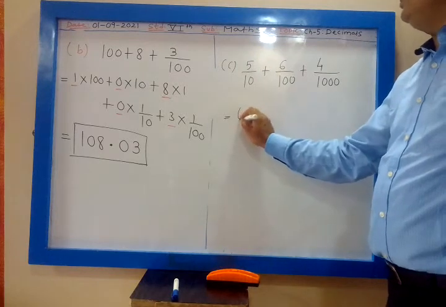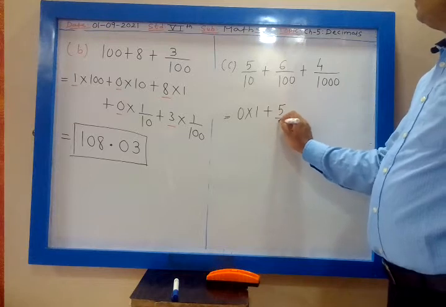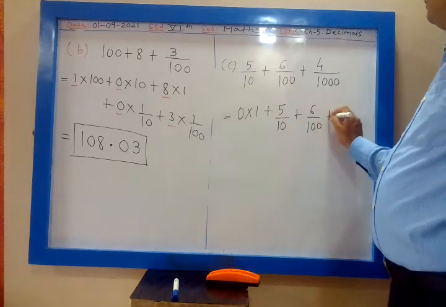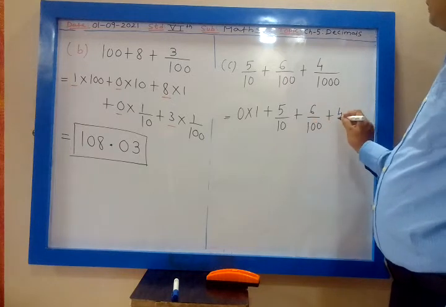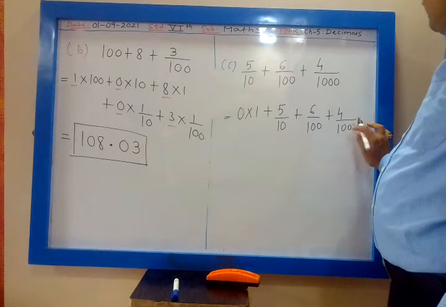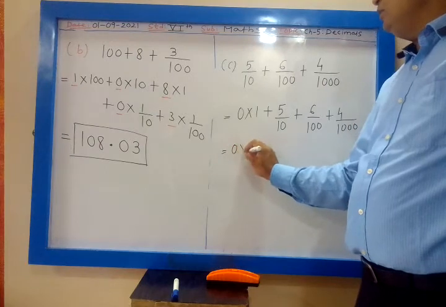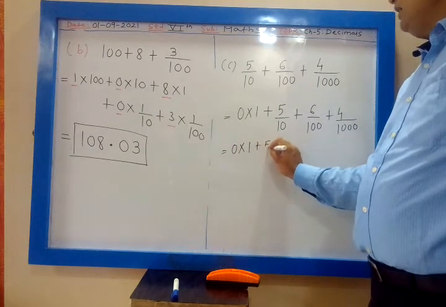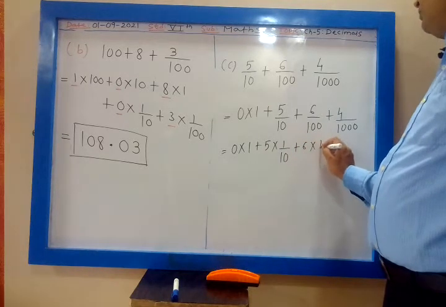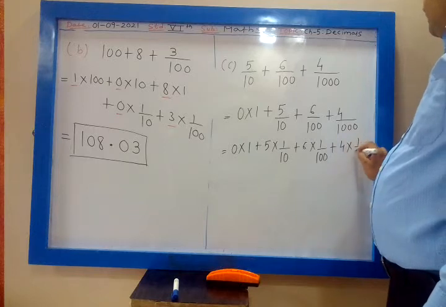So I will write 0 into 1 plus 5 into 1 upon 10 plus 6 into 1 upon 100 plus 4 into 1 upon 1000.